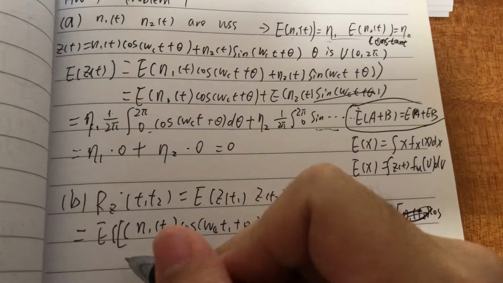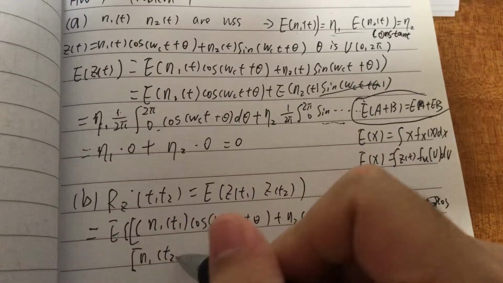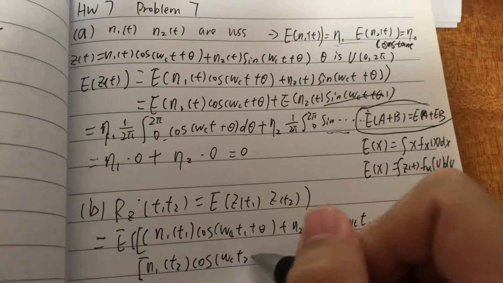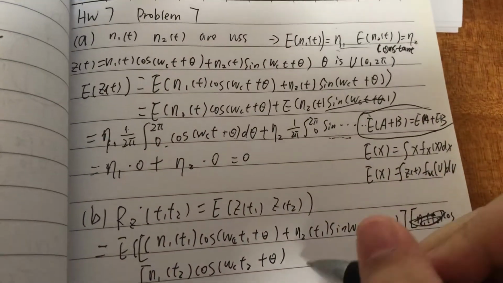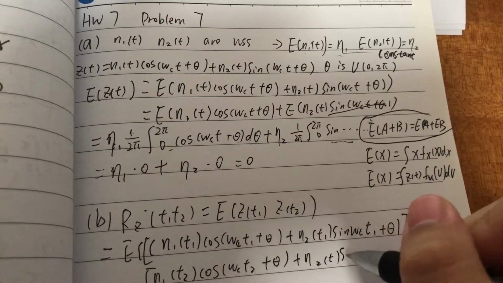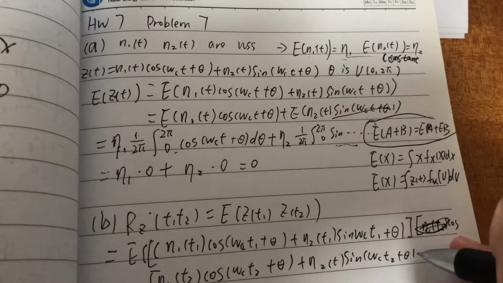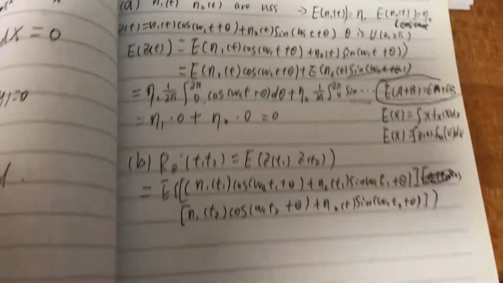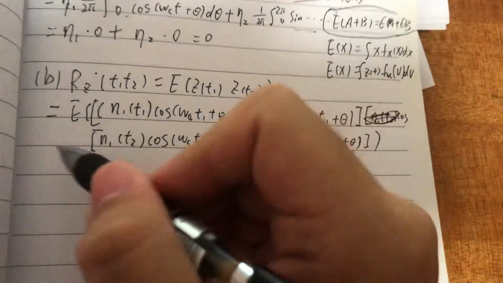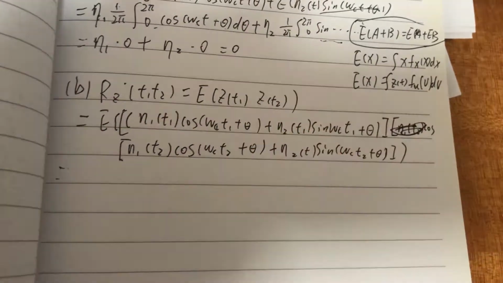We write another line for t2: N1(t2) cosine(wct2 plus theta) plus N2(t2) sine(wct2 plus theta). Then we expand it.